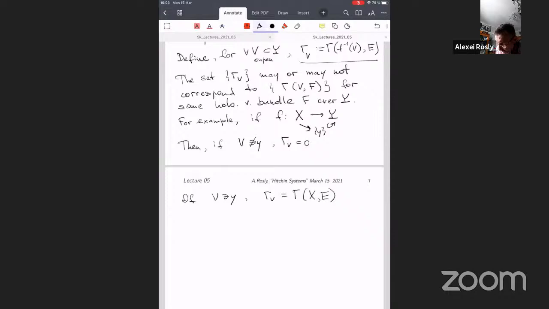On the other hand, if we have a vector bundle on Y, let me introduce the notation.